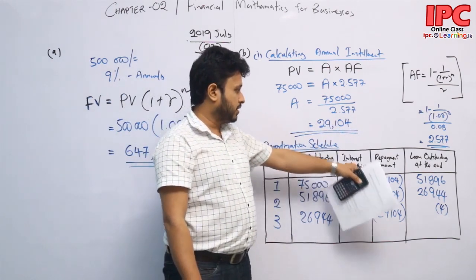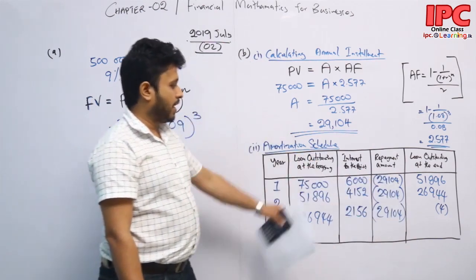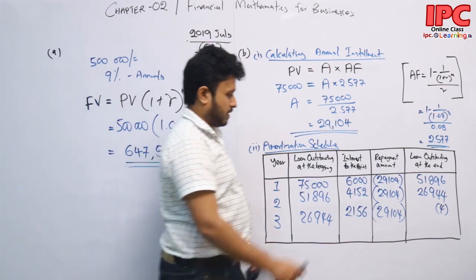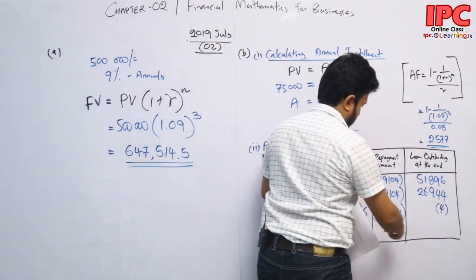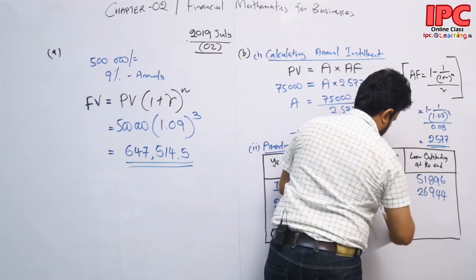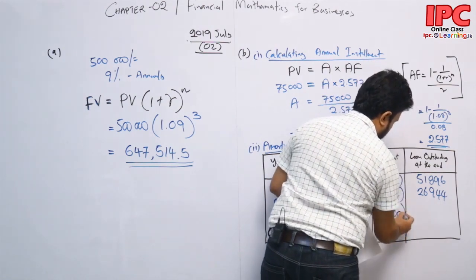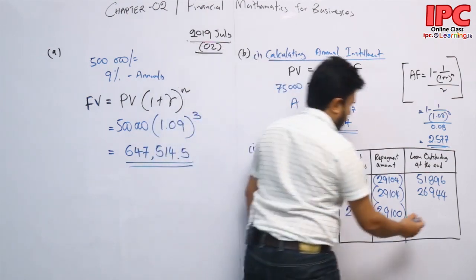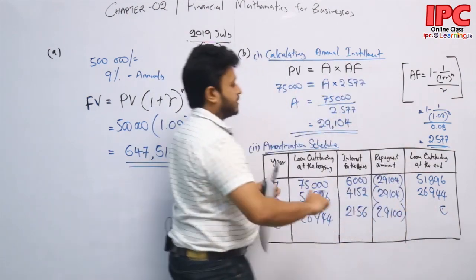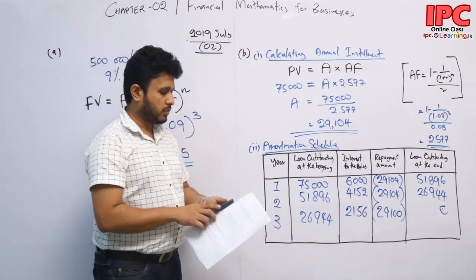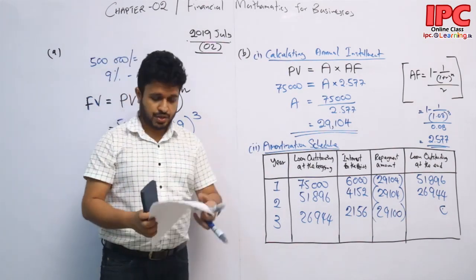Rounding up this figure. So that error we have to set off from here actually. So the final payment is 29,100. So the loan will settle, right? Loan will settle. So this is the amortization schedule.